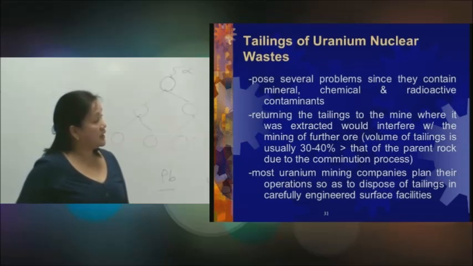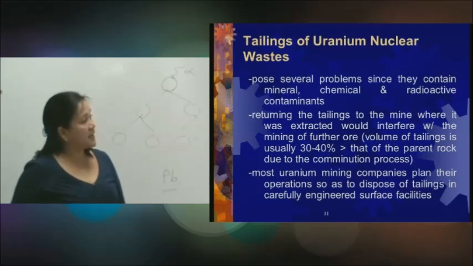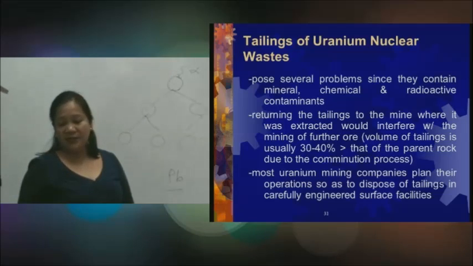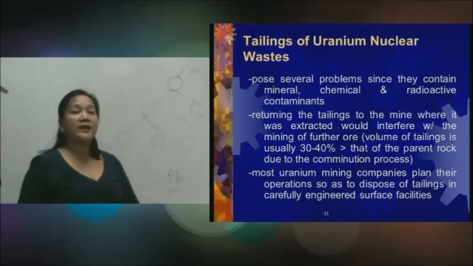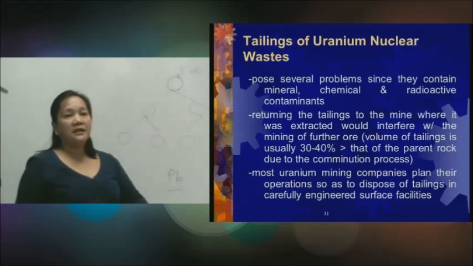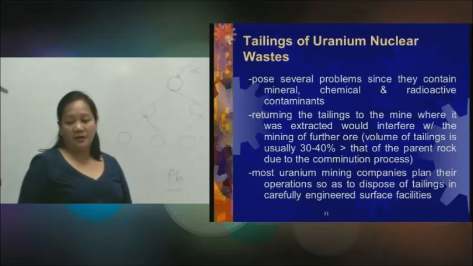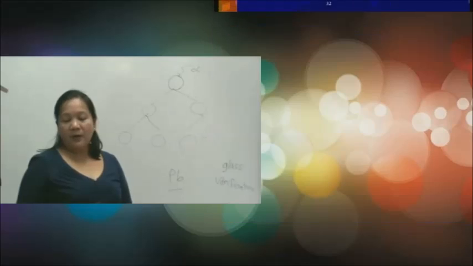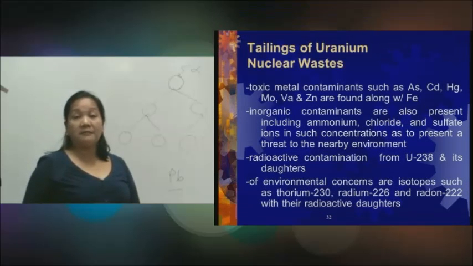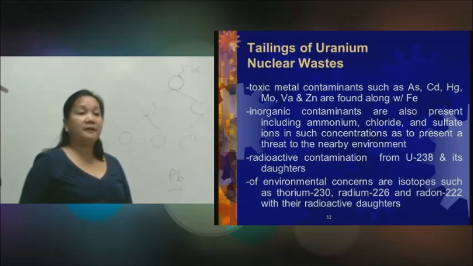So what we are doing is that most uranium mining companies plan their operations so as to dispose of tailings in carefully engineered surface facilities. So it is specifically and specialized for nuclear power plants. Now, what are some of the toxic metal contaminants that you can get aside from those transuranic elements?